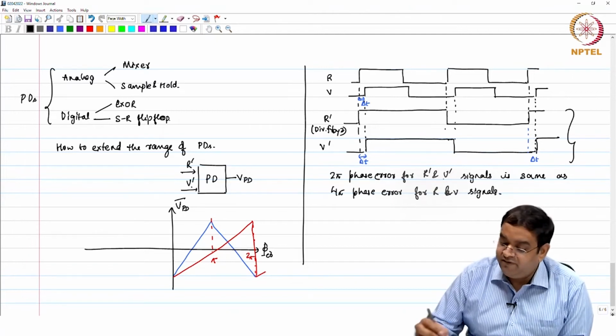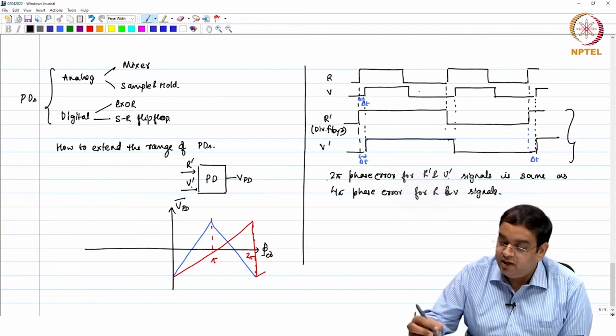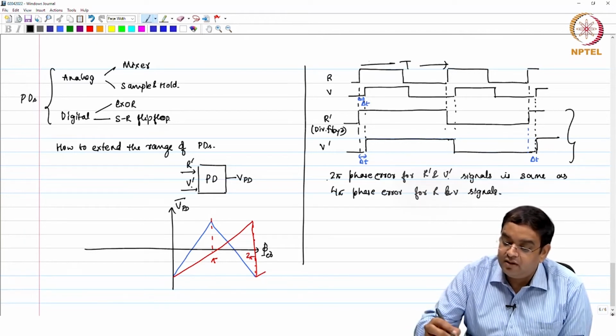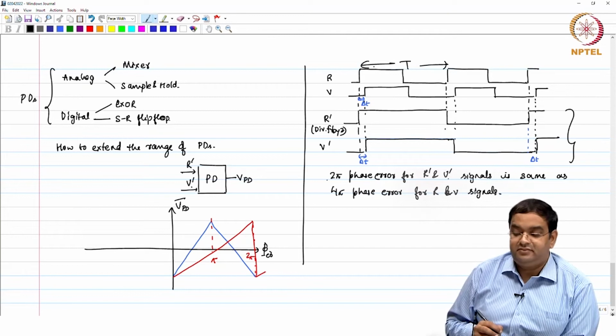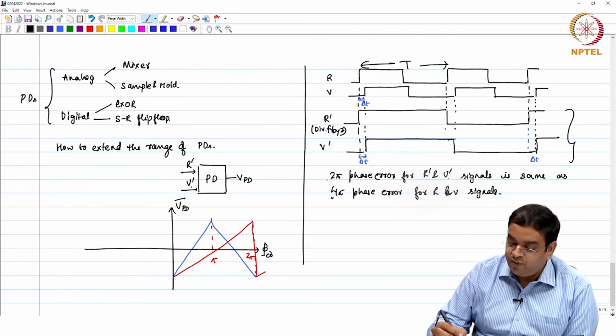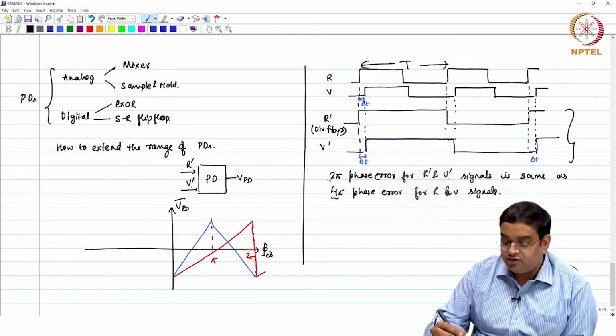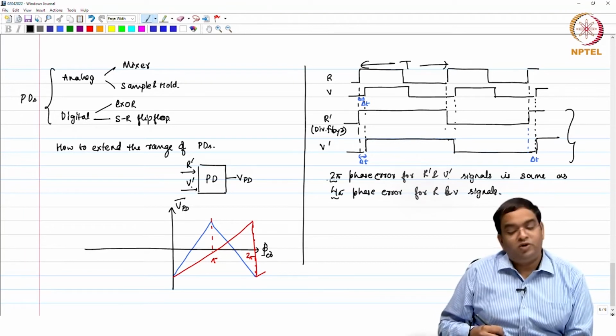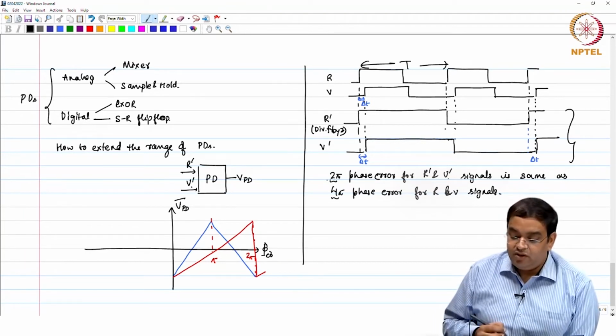Because this 2 pi phase error for R dash and V dash signals is actually time period 2t. Here this 4 pi is measured with respect to t, here this 2 pi is measured with respect to 2 times t. So, that is the way you can do it.